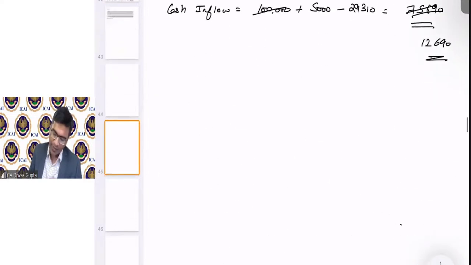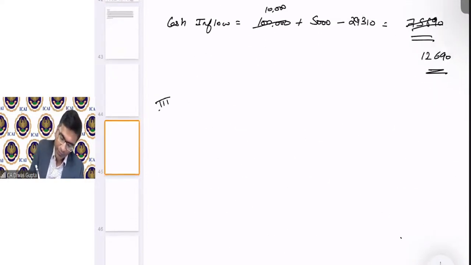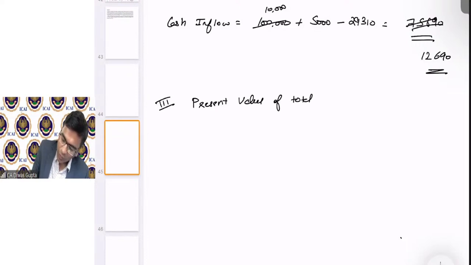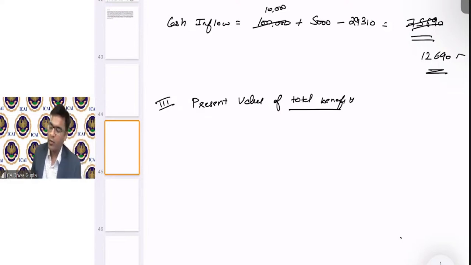Okay. So finally, coming to the third step now, which is calculating the present value of all the benefits put together. Now, what are the total benefits? One is the yearly increase in the cash flow that we have calculated above, which is 12,690, right? I think this will also change.